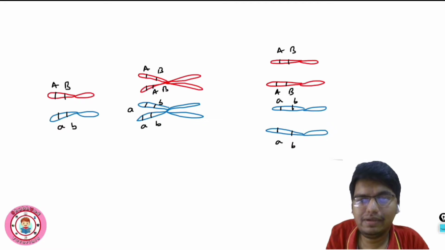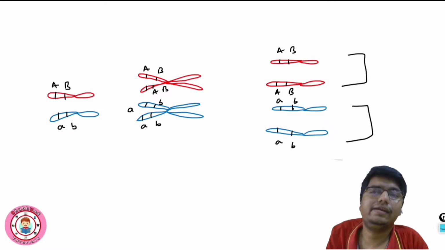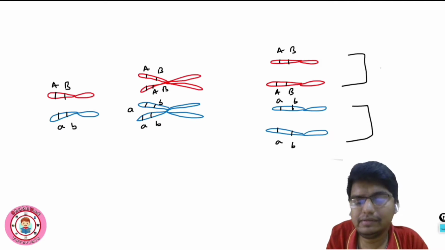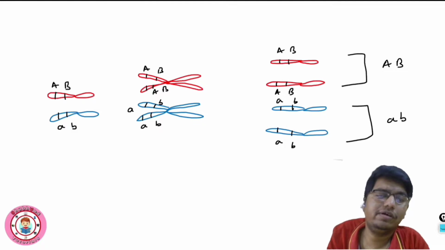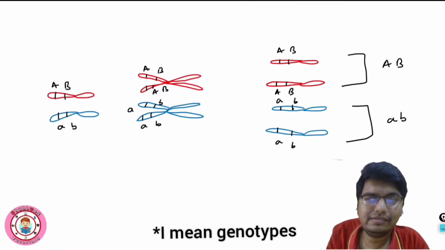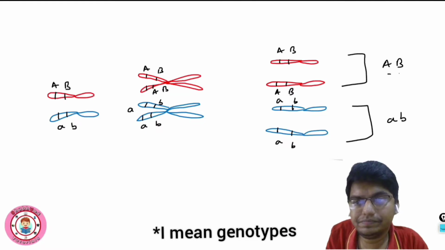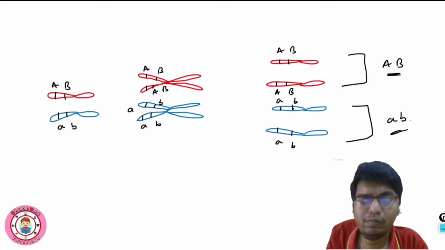Okay, so basically here we can see only parental phenotypes, that is capital AB and small ab. Only we can see these types of gametes, so there are no recombinant gametes.